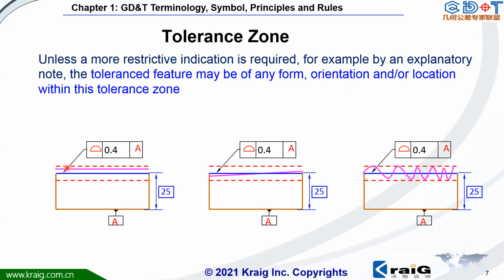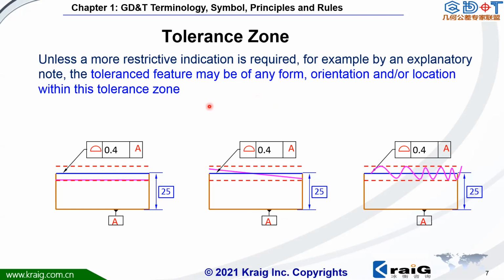So you see here, there's a tolerance zone, and this tolerance zone has a 0.4 distance and relates to datum A. That means the tolerance feature is allowed to have any location variation within this tolerance zone. Meanwhile, this tolerance feature can be of any orientation or error of parallelism to datum A. The last one is it could have any deformation or flatness error within the tolerance zone.